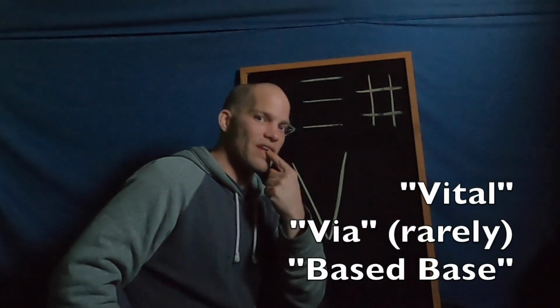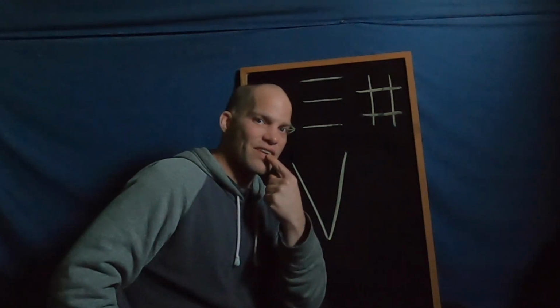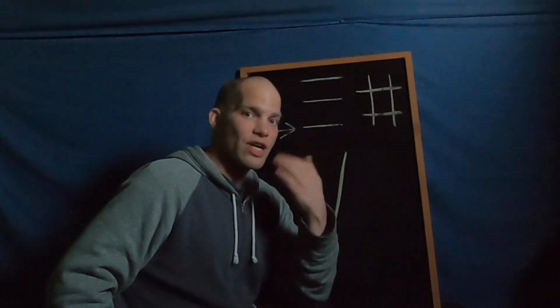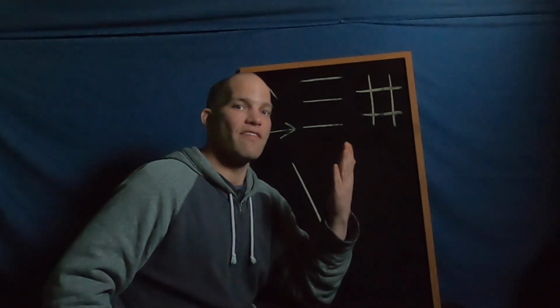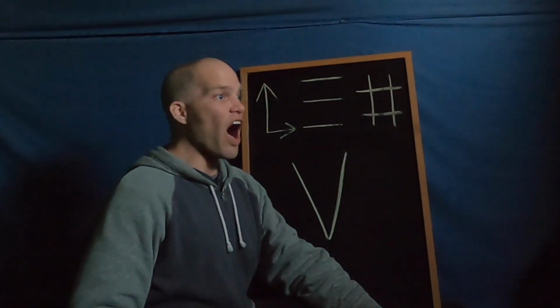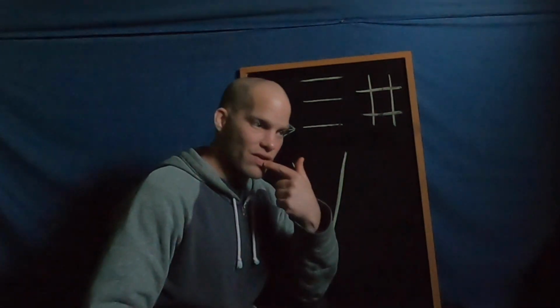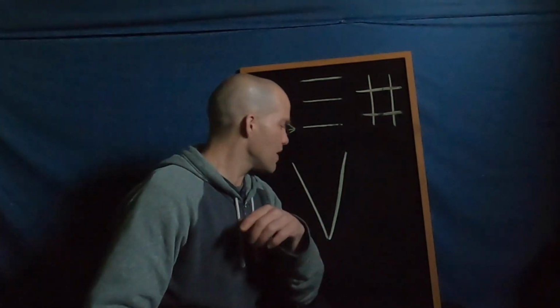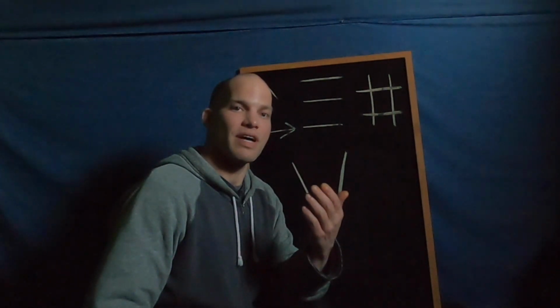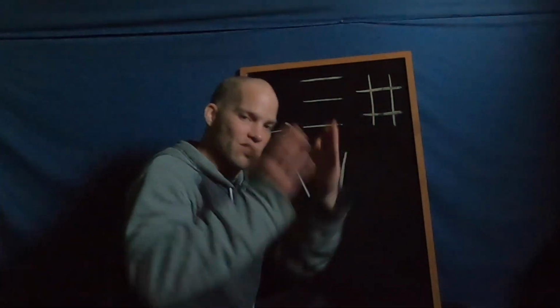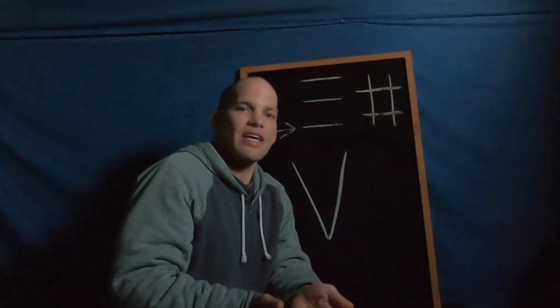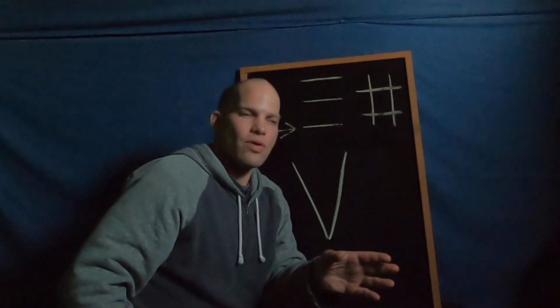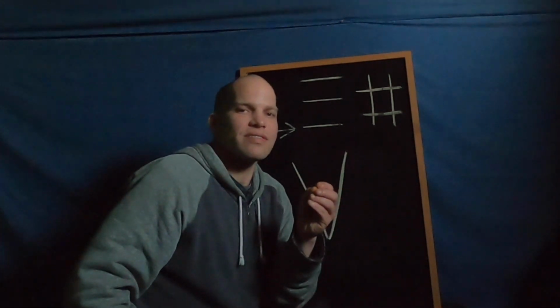It's when you bite down in the center of your lip and go, V, and your mouth actually closes to make that sound. You don't do it with the open mouth. You can't do it. You have to close the outside of your mouth. So V, I say vital because it's right in the very center. I mean, that's just a vital symbol. V. And when you use it to break down a word, you could say vital or based, base.